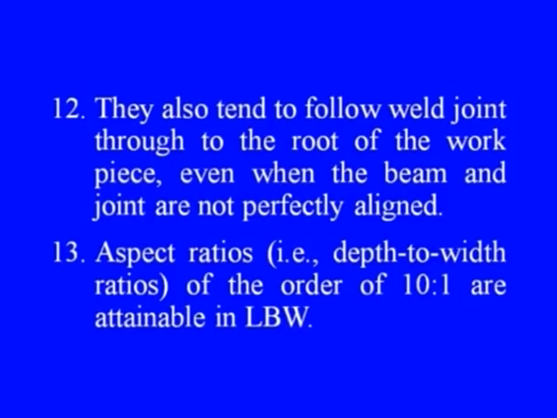They also tend to follow weld joints through the root of the workpiece, even when the beam and the joint are not perfectly aligned. Then the aspect ratio, which is nothing but the depth to width ratio, of the order of 10:1 is attainable in this laser beam welding process.